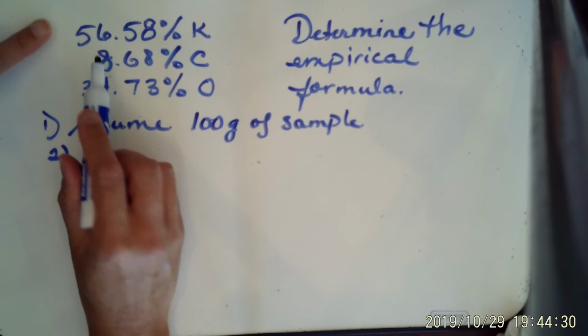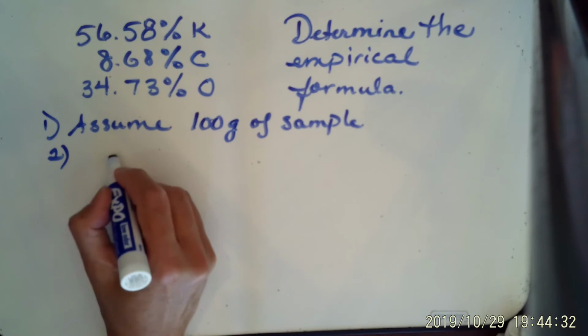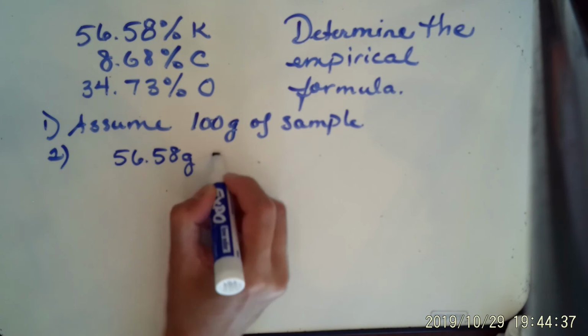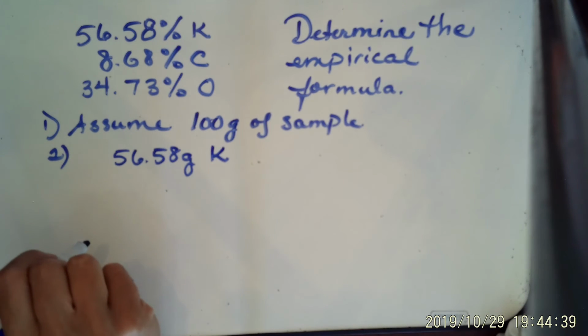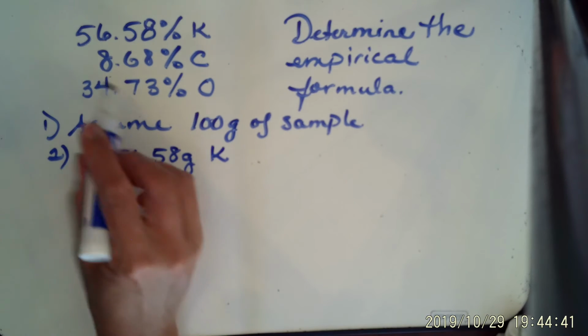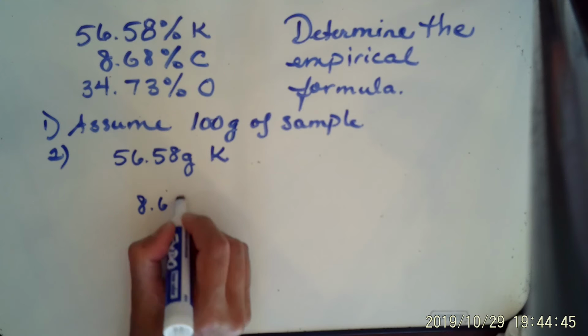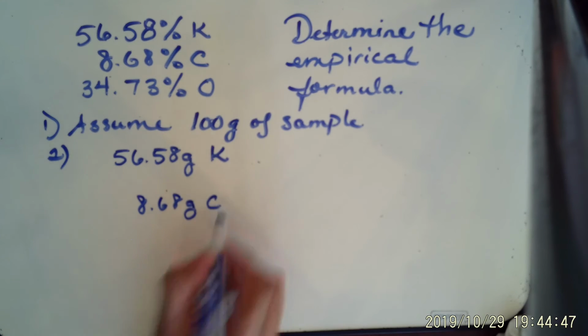So 56.58% of 100 is 56.58 grams of potassium. This 8.68% of 100 means it's 8.68 grams of carbon.